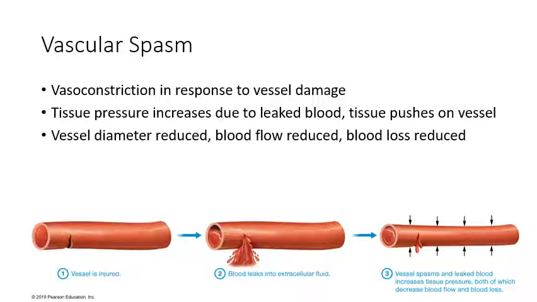As you lose blood from your damaged vessel, all that blood ends up in the surrounding tissue, increasing its volume so it presses onto this vessel, which further constricts it.